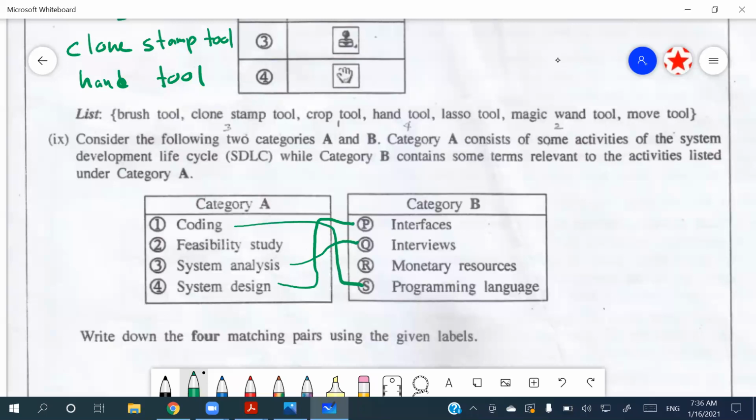So that makes the feasibility study connect with the R, right? So for 1 it is S, for 2 it is R, for 3 it is Q, and for 4 it is P. S, R, Q, P, right? Am I correct? S, R, Q, and P. Yes.